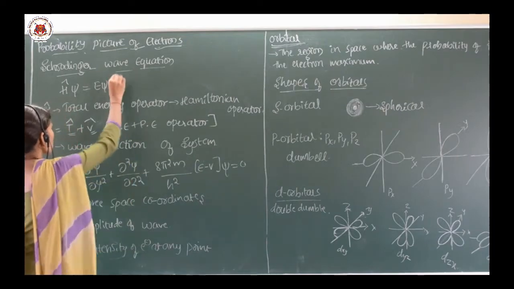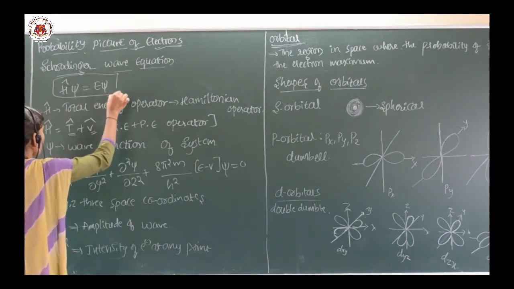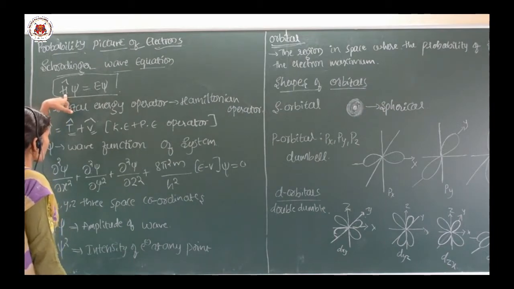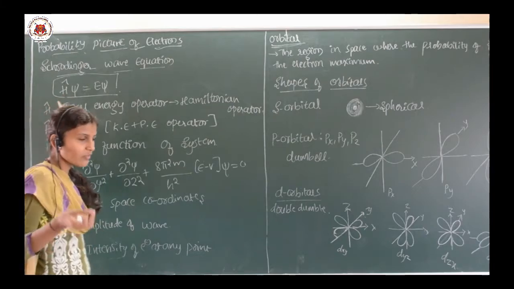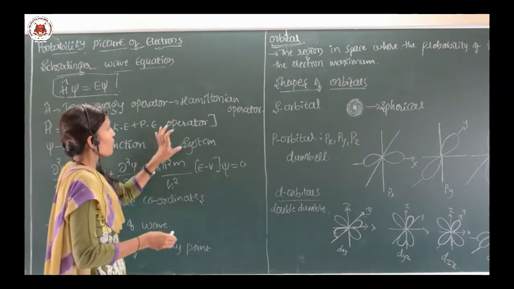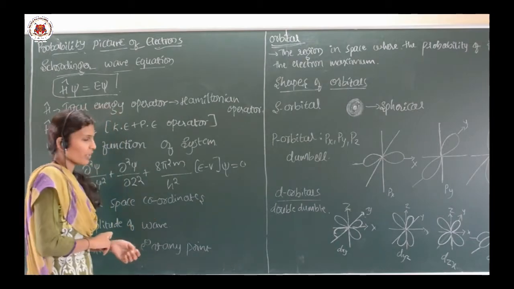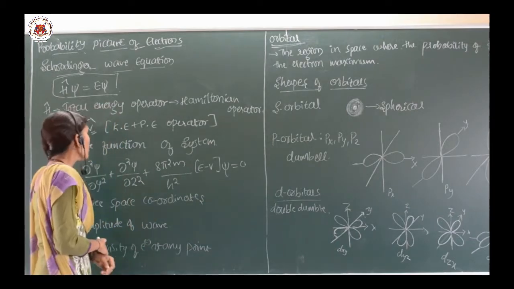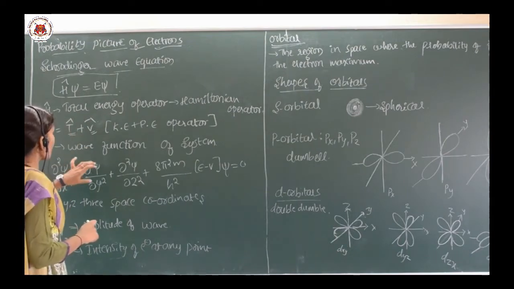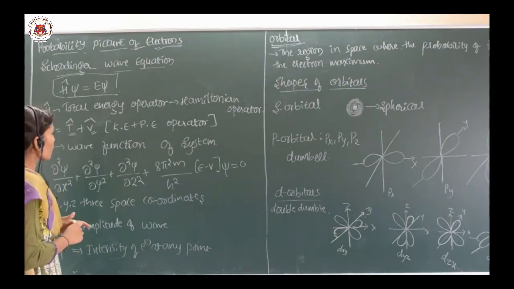So, this is the Schrodinger wave equation, where this indicates the total energy operator, which is further the sum of the kinetic energy operator and the potential energy operator. Clear? Now E is the energy, and psi is the wave function of the system.